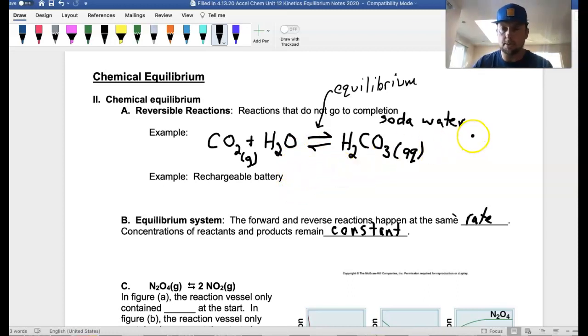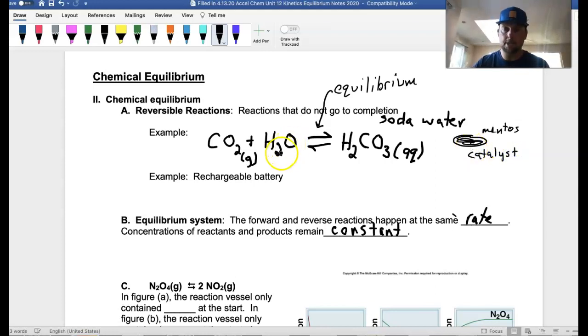If you've ever dropped one of those Mentos in, you can think of that as a catalyst, because the Mentos provides little sites called nucleation sites, which allow the carbonic acid to break apart more quickly. So the Mentos you could think of as a catalyst that really speeds up this reaction.